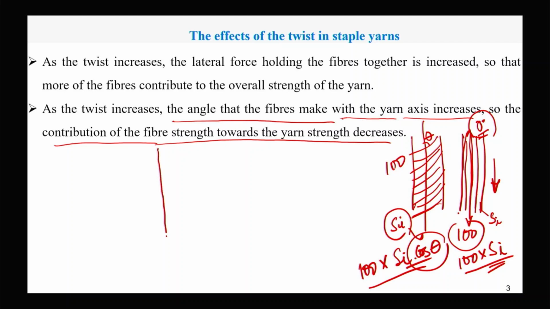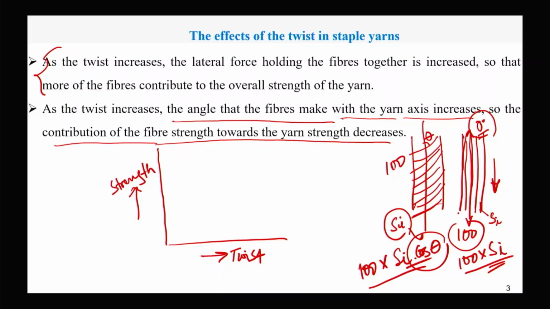If we try to plot twist versus strength, initially, with the increase in twist, the lateral force increases and binding force increases, so it contributes towards the increase in strength.